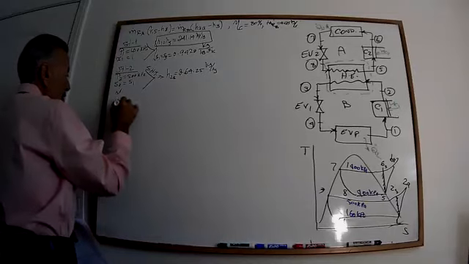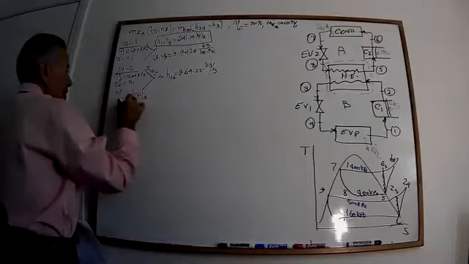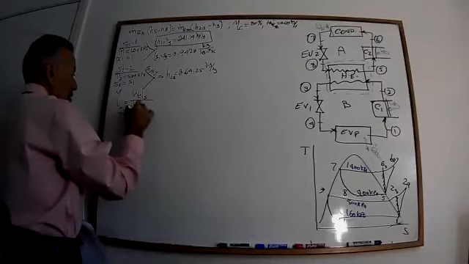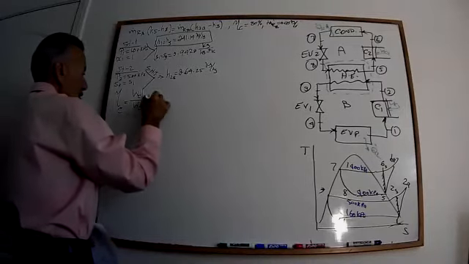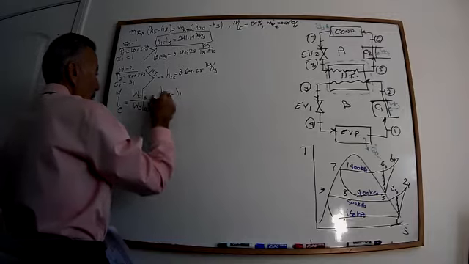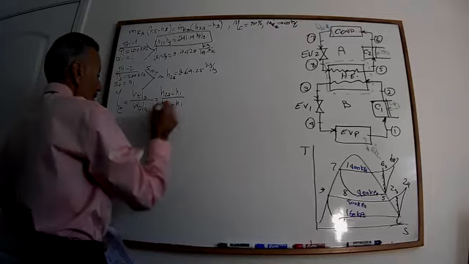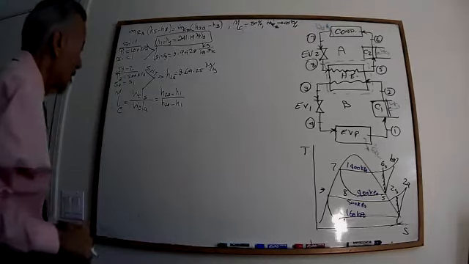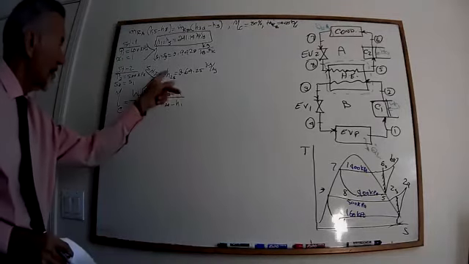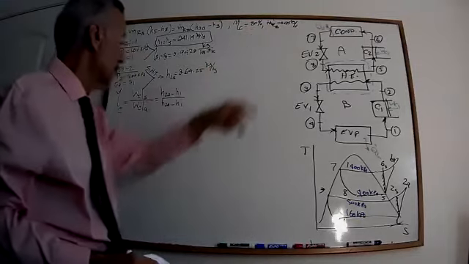The efficiency of a compressor is the work of a compressor isentropically divided by the work of a compressor actual. That means H2S minus H1 divided by H2A minus H1. I have H1, I have H2S, and this side is 0.80.